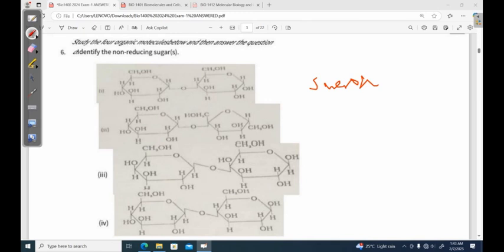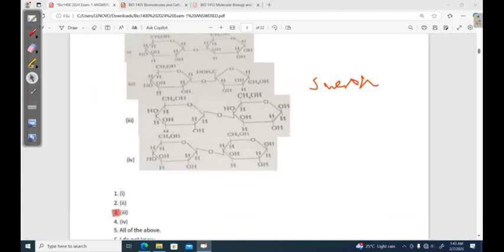When you look at these structures, the only one with fructose and glucose is 2. So let's erase this and make a correction. So this is what makes sucrose a non-reducing sugar.